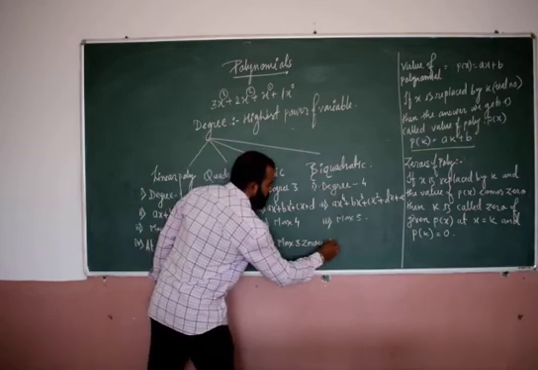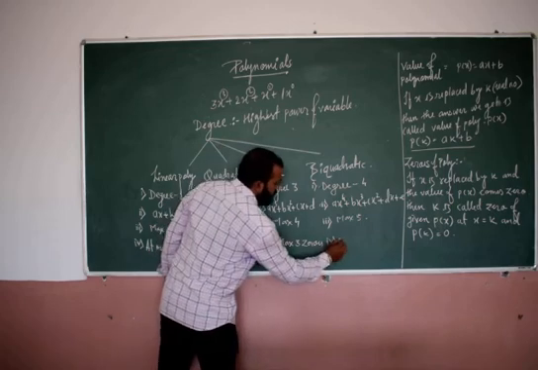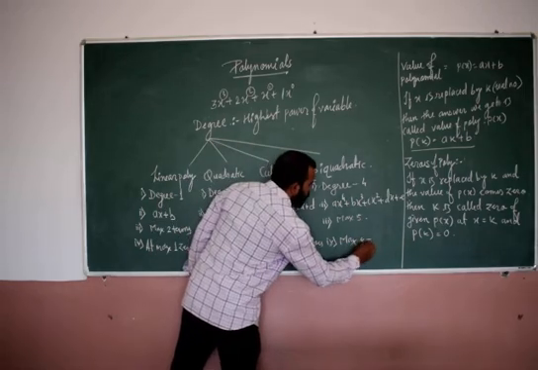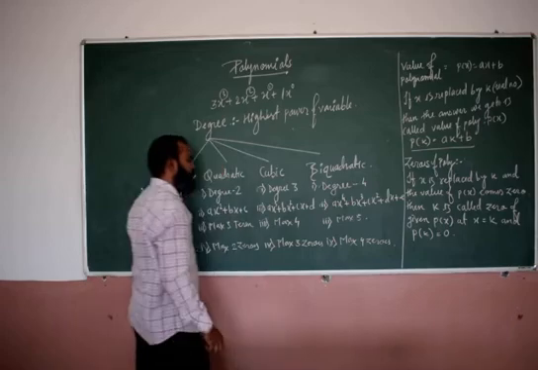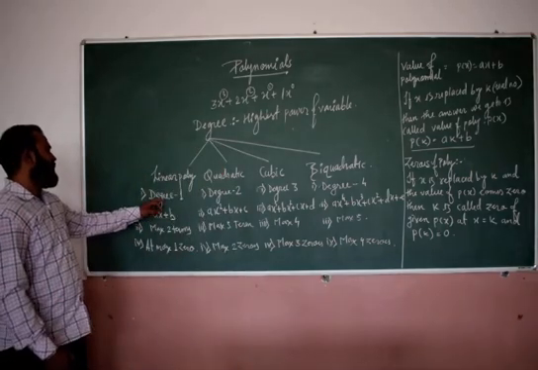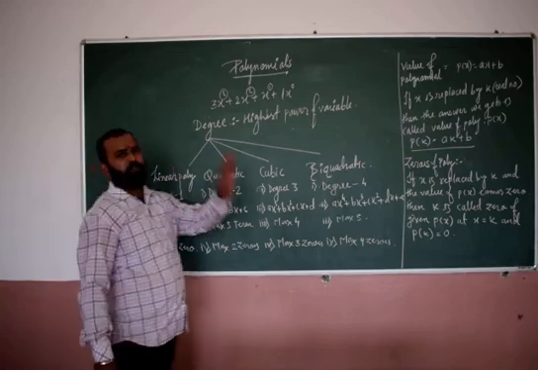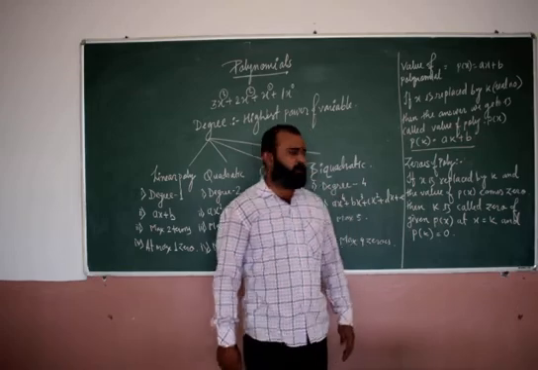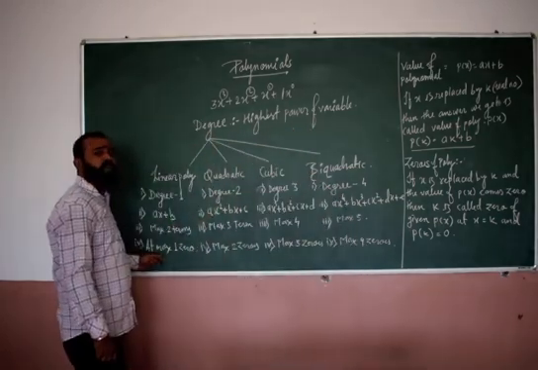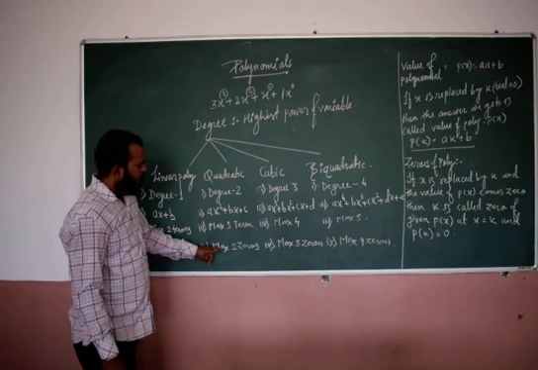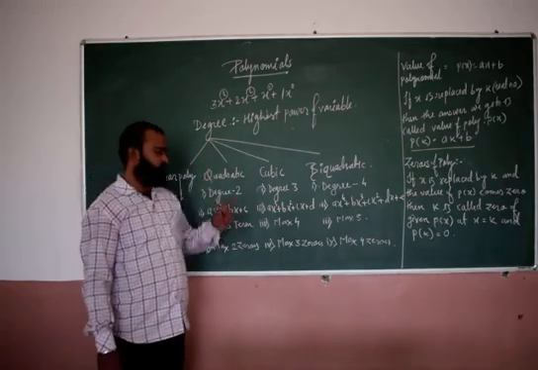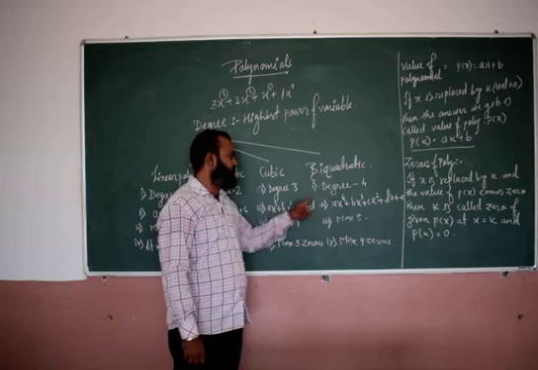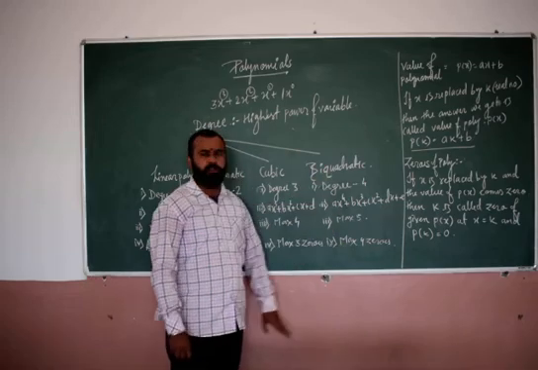And last but not least, a biquadratic polynomial will have maximum how many? 4 zeros. So this is a very important concept. This linear polynomial we are studying from 7th standard under the topic simple equation or linear equation in one variable. We have studied there that a linear equation in one variable has only 1 zero. Quadratic has 2 zeros. Okay? Cubic has maximum 3 zeros. Maximum I am saying. Biquadratic has maximum 4 zeros.